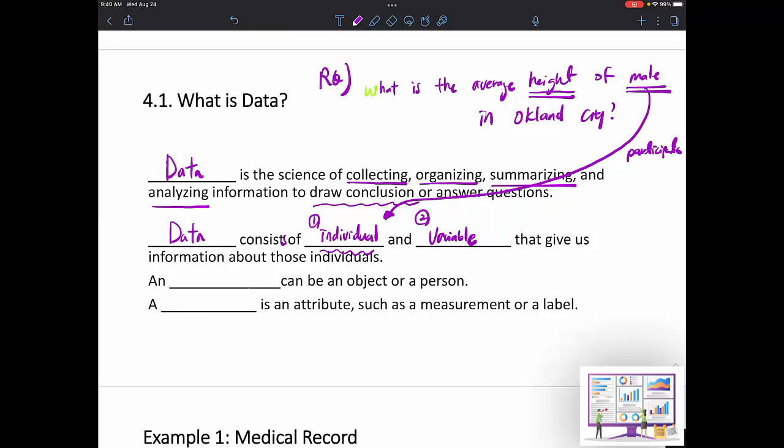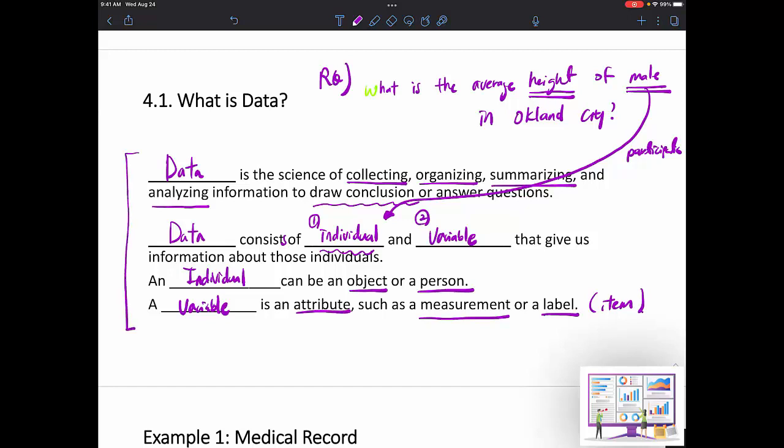So one more time, individuals or participants can be objects or persons, and a variable is the attribute, such as a measurement or label, that you're actually collecting. It is the item, okay? So that's the information of the data, and I will show you the data set.